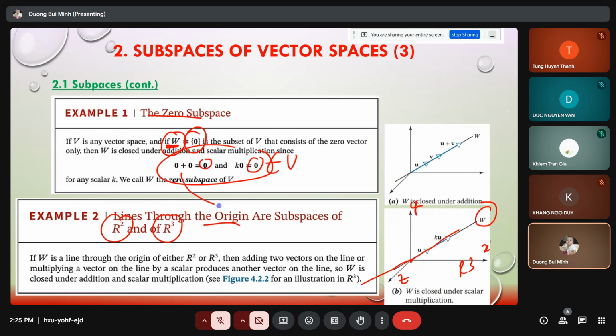Because we need to consider the zero vector. If we have another line that doesn't go through the origin, it is not a subspace, because it doesn't contain the zero vector. So any line that goes through the origin will be a subspace of R2 or R3, and in general Rn.